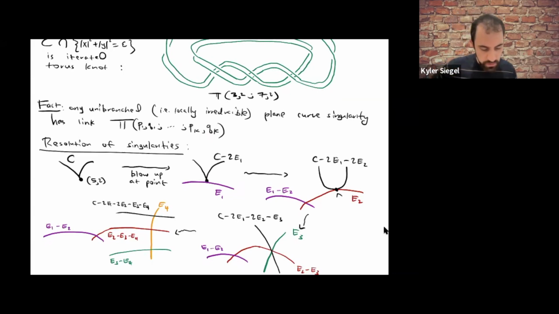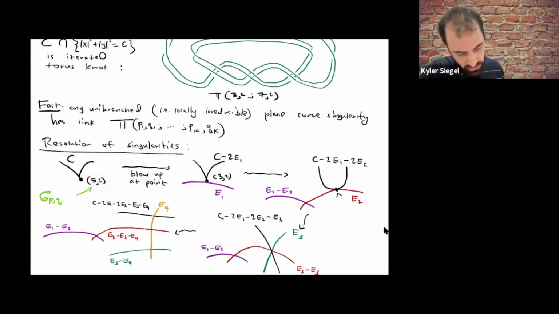Supposing you started out with a curve with a (5, 2) cusp. So think of this as C_{p,q}. And so after you blow up, you get a milder singularity, so this becomes a (3, 2) cusp.